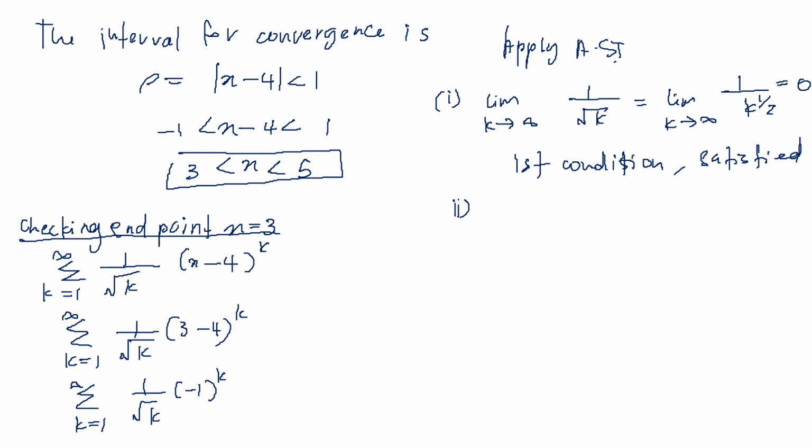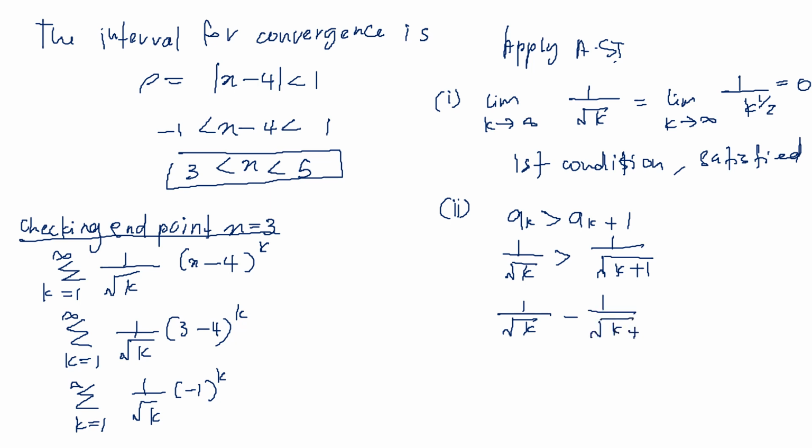Then you have to check for the second condition, which is a_k more than a_(k+1). So a_k is 1 over square root of k, more than 1 over square root of k plus 1. And you can solve by cross multiplying or subtracting, and then you can see that you will get more than 0.